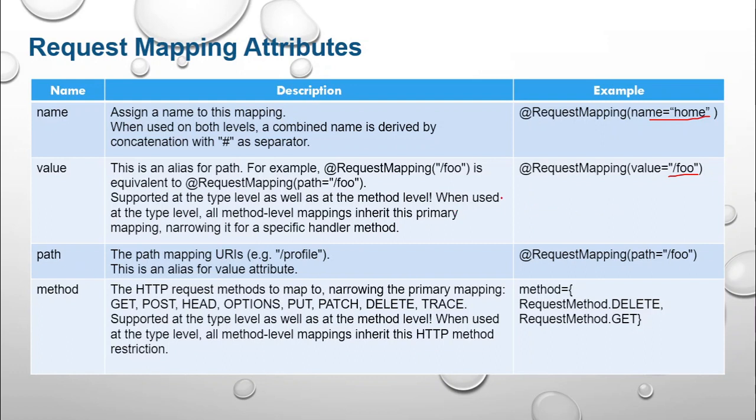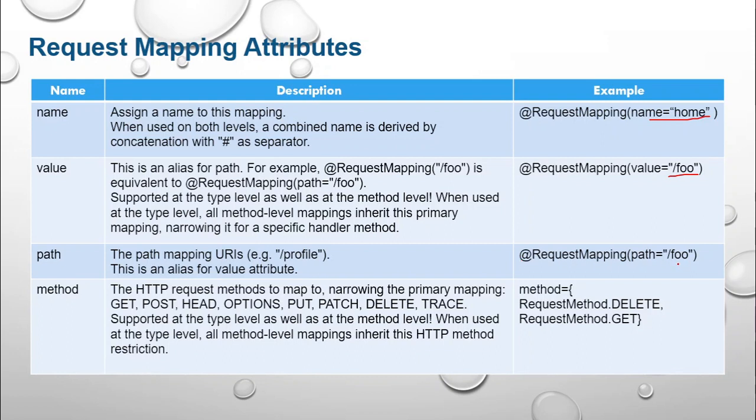Now coming to the path. This is the path mapping for URLs. Like I said for the value, it's the same as value, and this is an alias for the value attribute. There is nothing more on this.